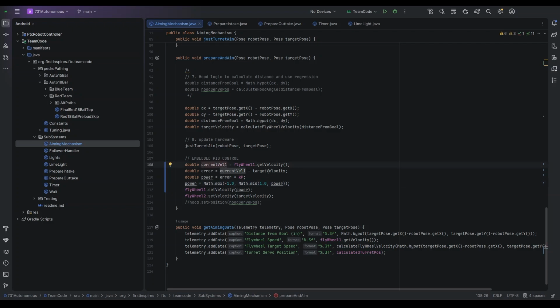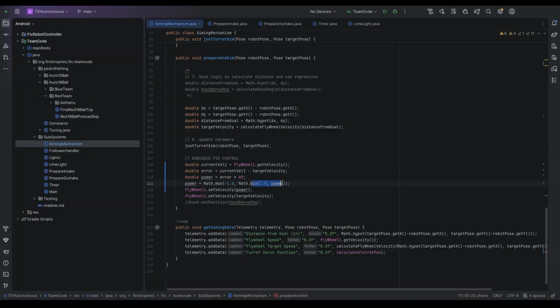When we take the current velocity of the flywheel, this is a method from the FTC documentation, we can get the current velocity. We take the error, which is just the current minus the target, and then we multiply that error times the proportionality constant, and then we take the max of this. So if we're reading it as a computer, we take the minimum of this first.